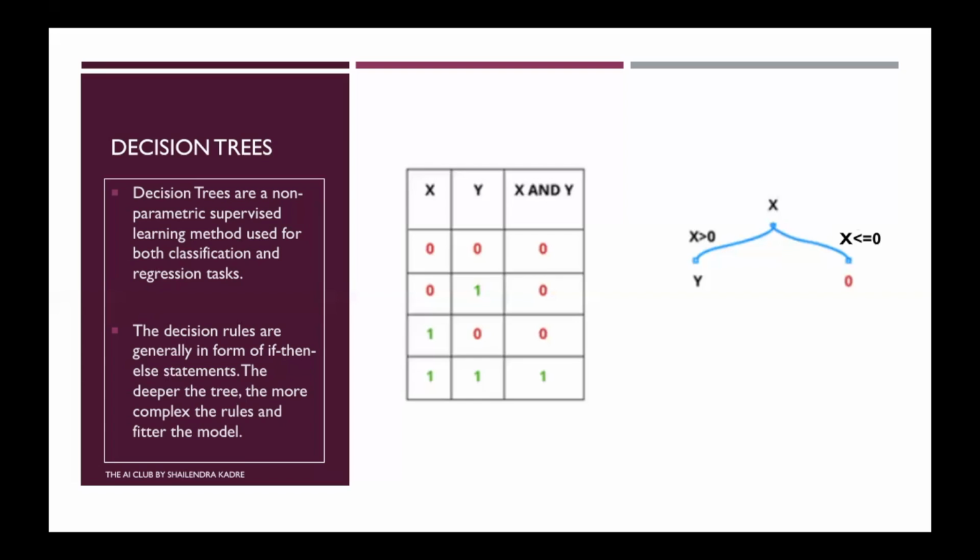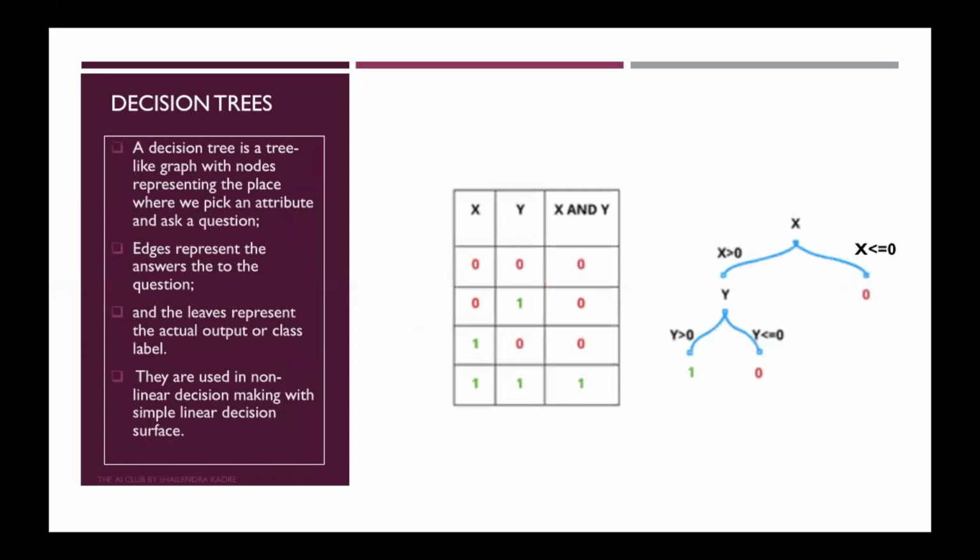So in short, if x is greater than 0, then the target value is equal to the y value. That is what the tree is showing us. And if x is less than 0, then always the target is 0. So a very simple kind of decision tree you can see here in this slide.